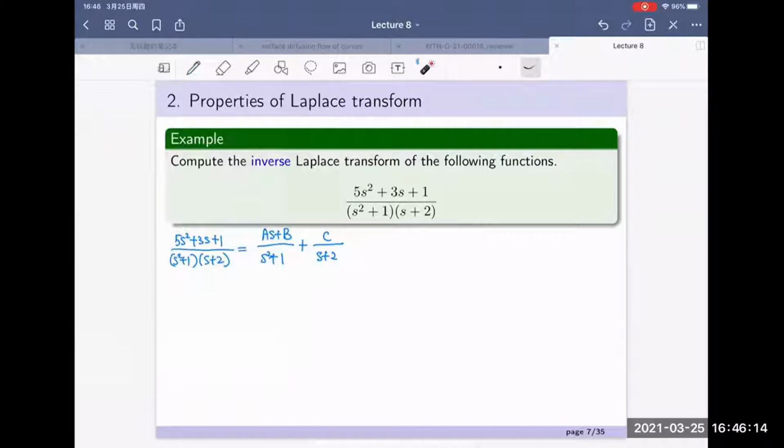Then you can apply the inverse Laplace transform to each simpler part. So the problem is, what are A, B, C? You want to find three constants. In order to find their values, on the right side, you can combine the two terms.